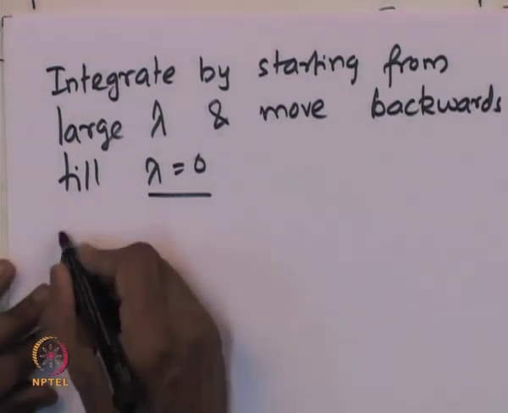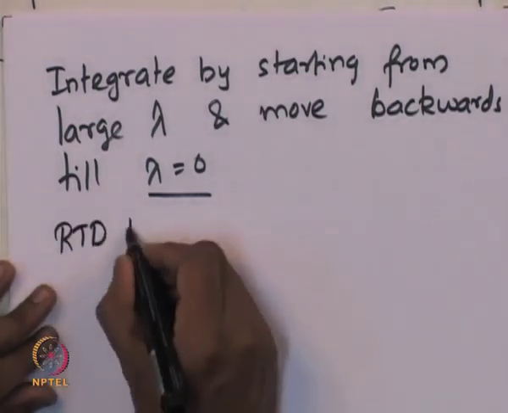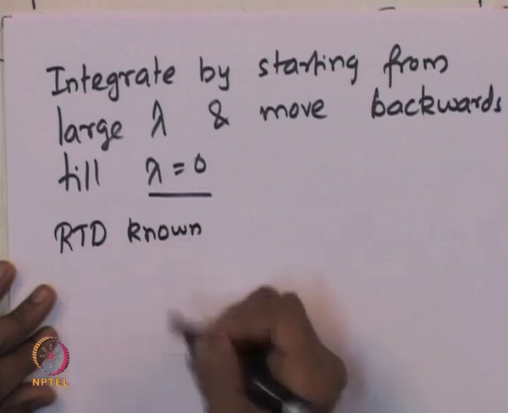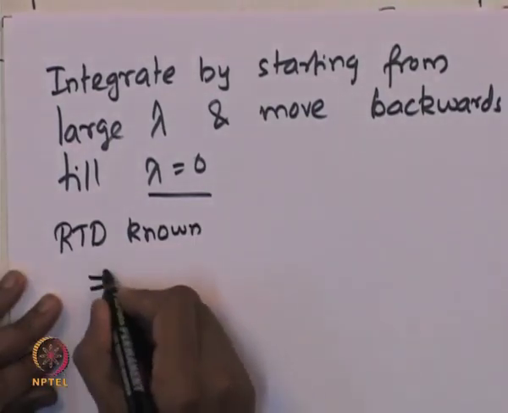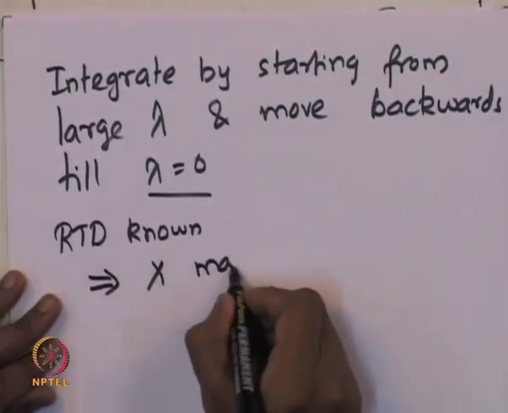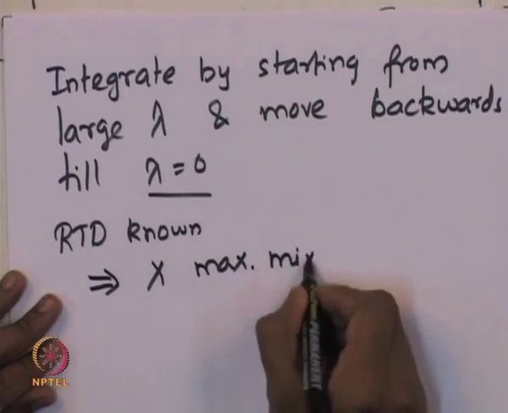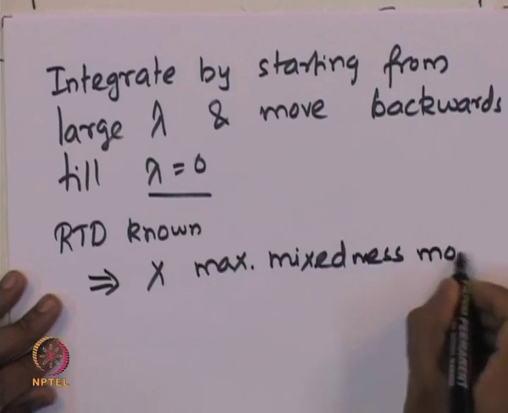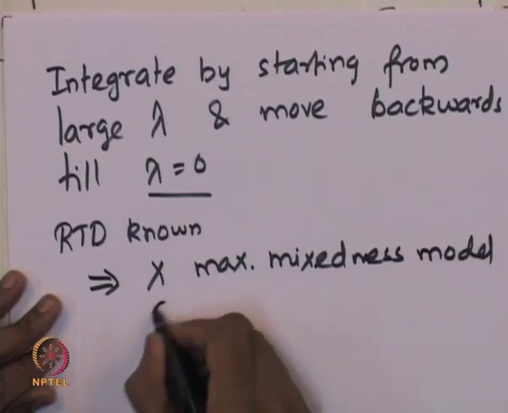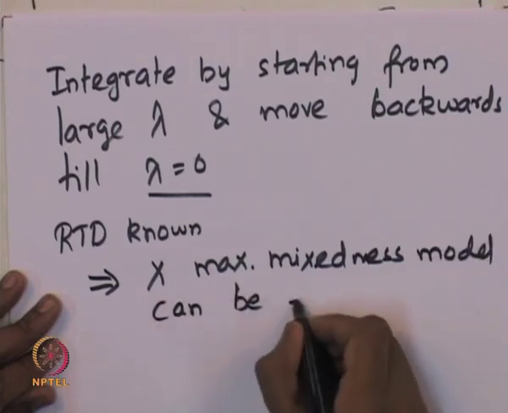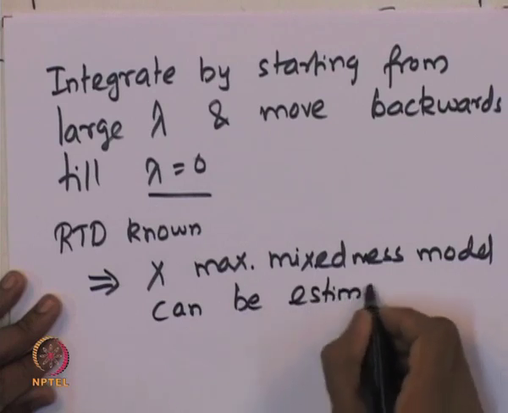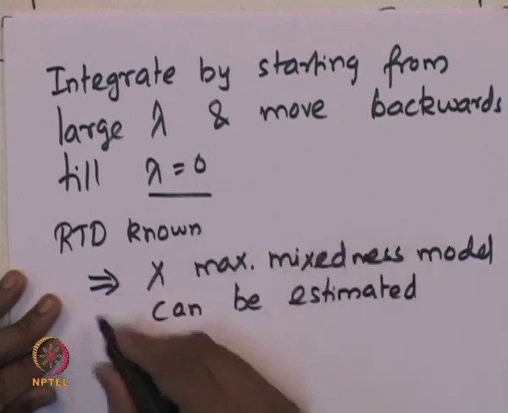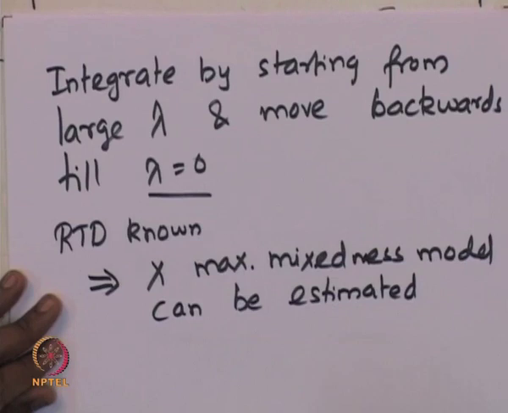So, now, if the RTD is known, then the conversion for the maximum mixedness model can be estimated. This conversion provides a bound for the conversion of the species in the non-ideal reactor.